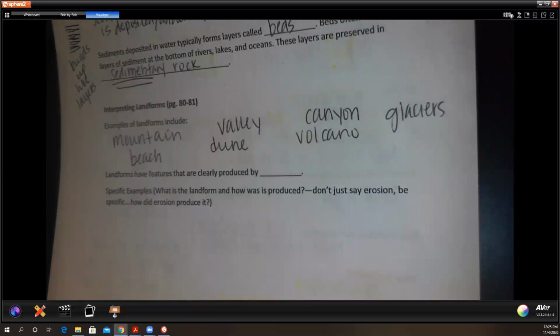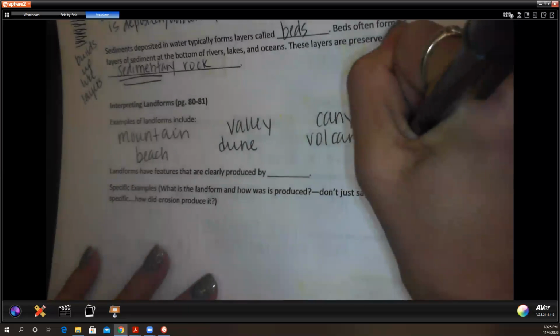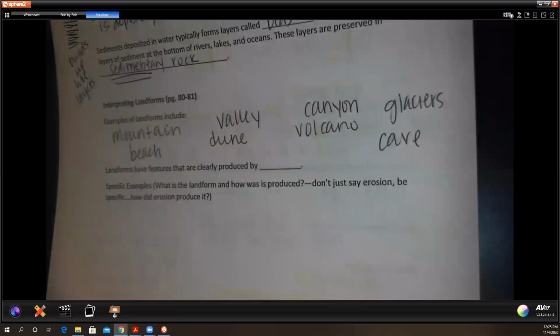An icicle? A glacier. But that's not a landform. A stalactite is part of what other landform? A cave.